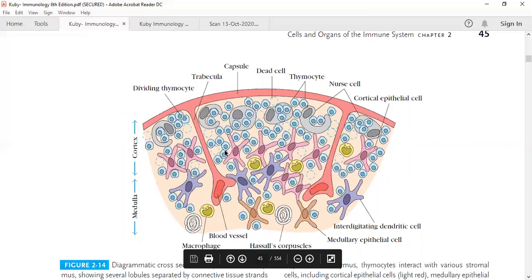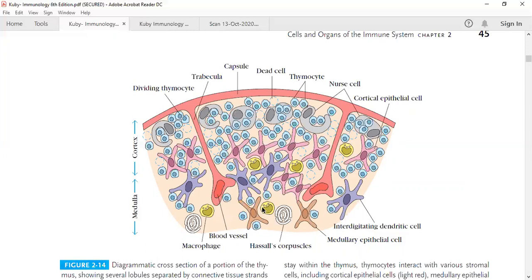Now the location of cells. If you observe the cortex region, the surrounding region, you can see the density of T cells. This is the thymus, so obviously the T cells are present in this organ. The density of T cells is more in the periphery, and if you move to the medullary region in the central part, the density of these T cells decreases. What does it mean? It means the T cells move from the cortex to the medullary part during maturation.